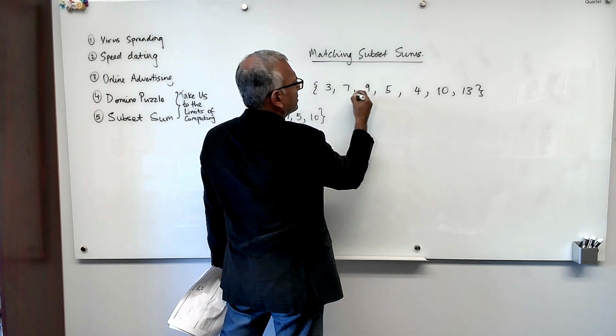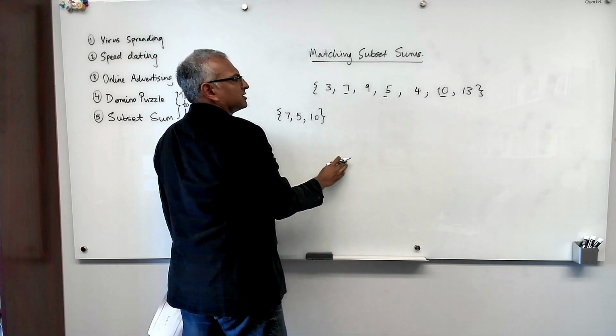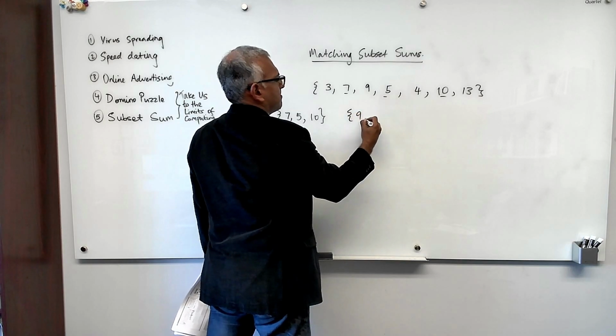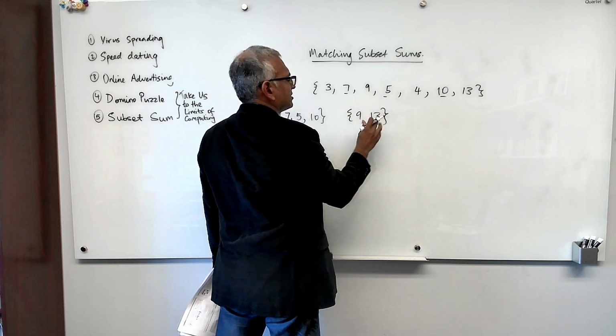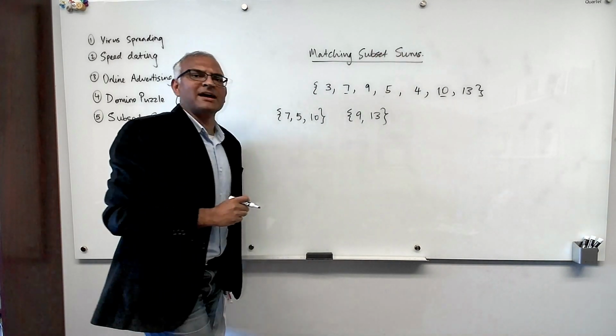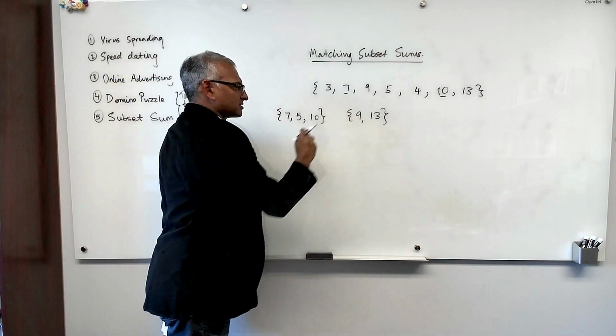So I've taken 7, 5, and 10. Let me consider another group of numbers, 9 and 13. Technically, these are called subsets of the original set. That's why subset sums. That's what these are, subsets.